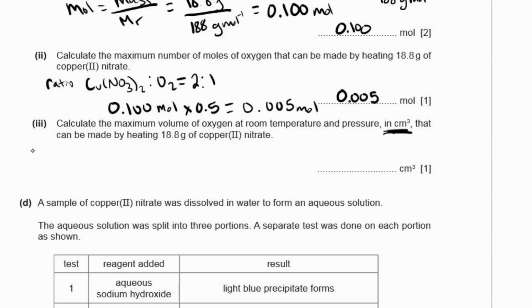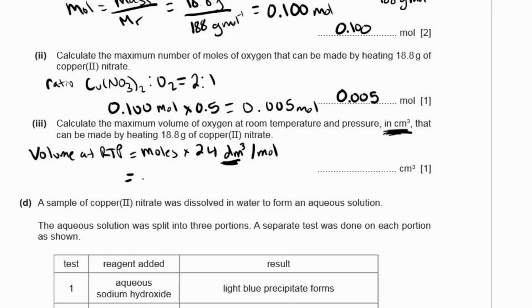So we say the volume at room temperature and pressure equals the number of moles times 24 decimeters cubed per mole. That's a molar gas volume. Decimeters cubed. They want the answer in centimeters cubed. Okay, that's very, very important. Or else you'll get it wrong, obviously.